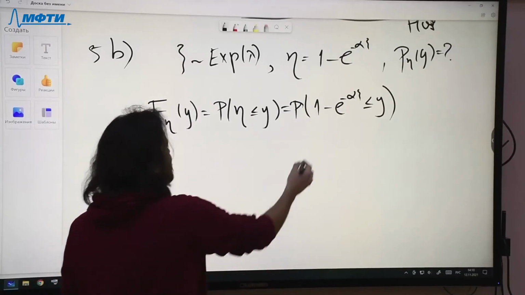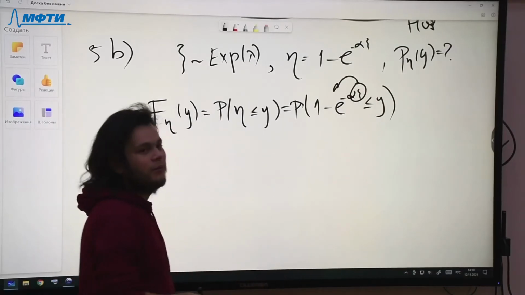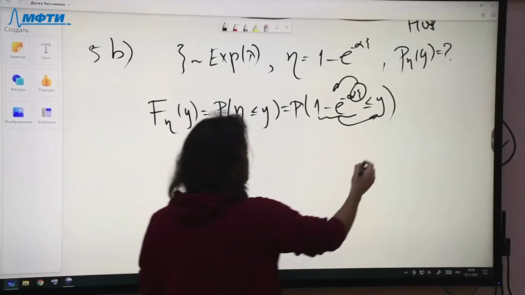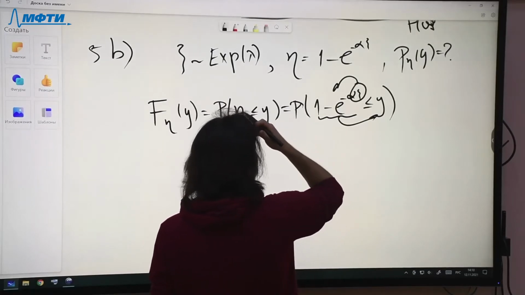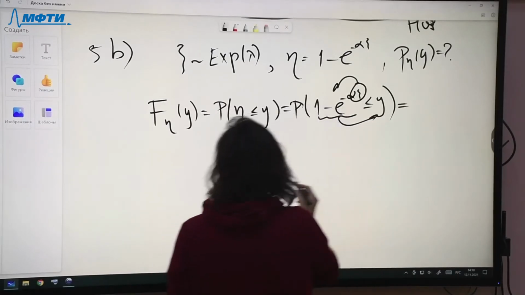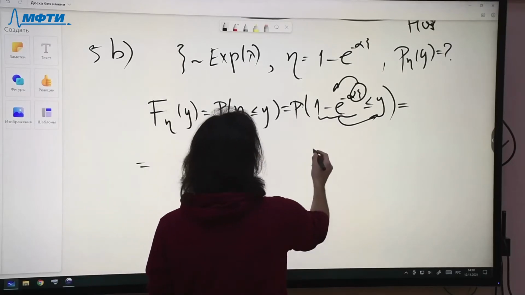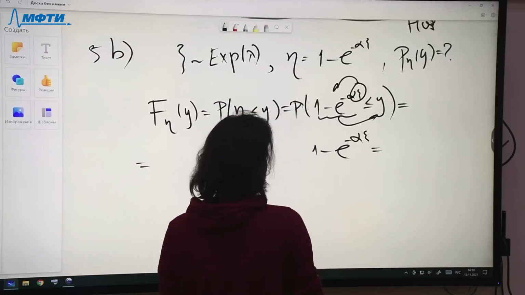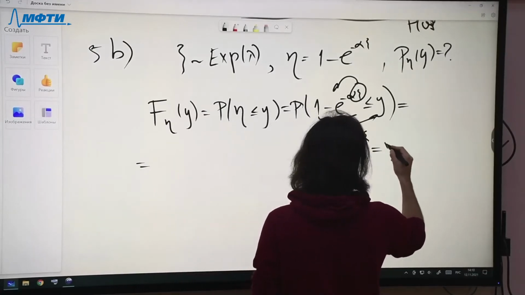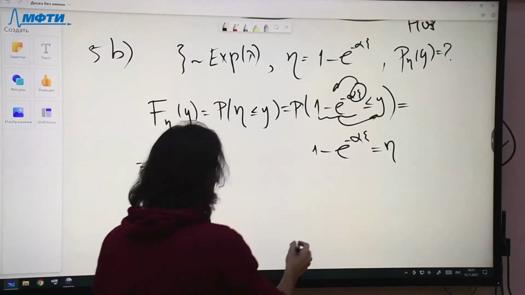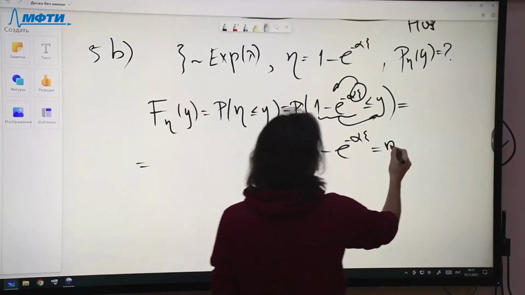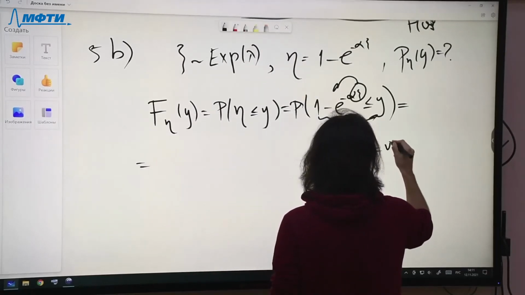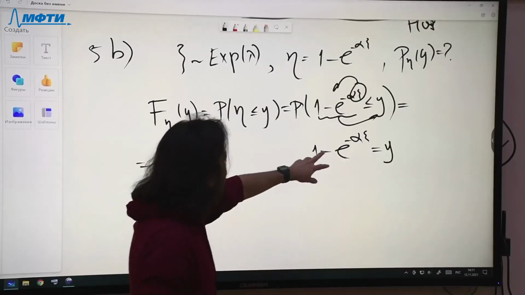Now we need xi to be alone here, and all this function to be over here. So we need to find the inverse function. If we have 1 minus e to the minus lambda xi equal to y, how do we find xi in terms of y?